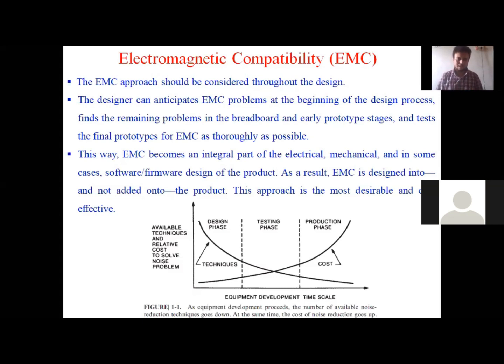In the literature survey part only, you can reduce the noise to a great extent by designing an equipment or a prototype properly. So designing of a prototype is also a very crucial thing. You should design it wisely so that, for example, if I'm designing any device, if I'm having two conducting wires like this, they are placed very close to each other, and I'm designing this particular device to operate at very high frequency.